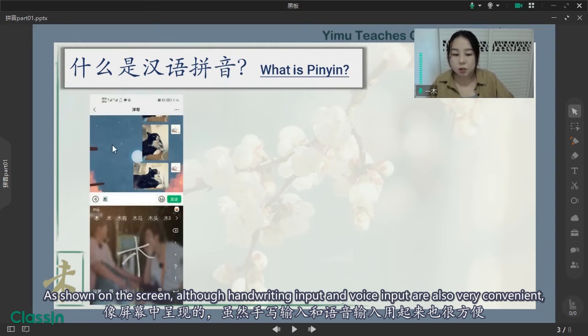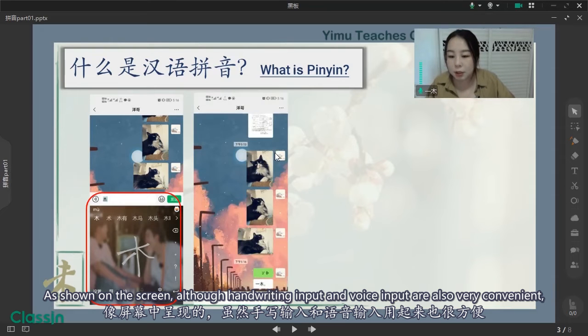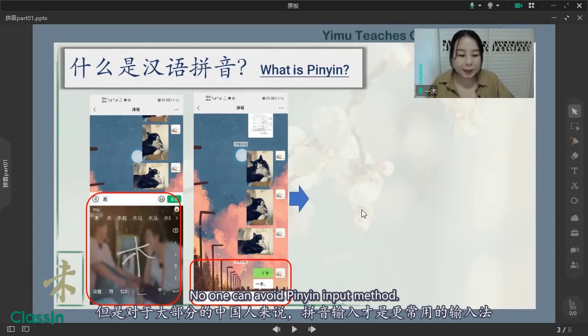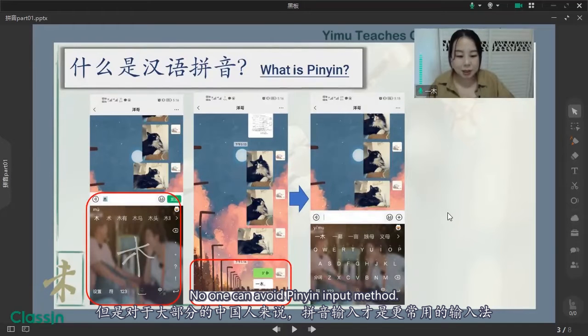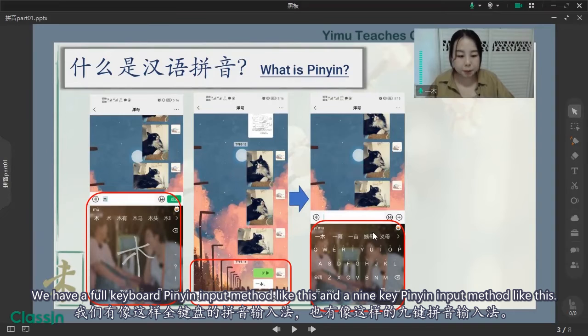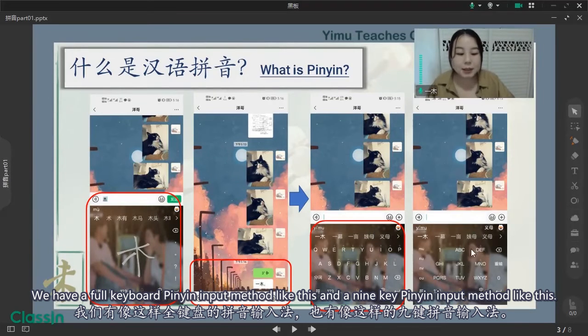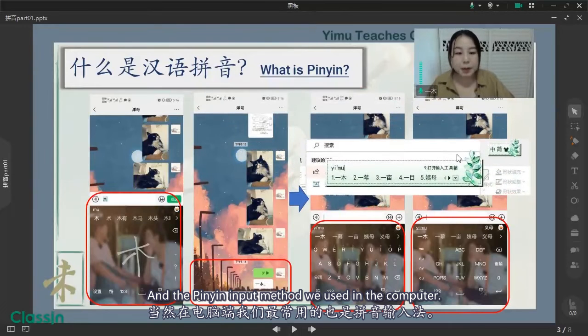As shown on the screen, although handwriting input and voice input are also very convenient, no one can avoid the pinyin input method. We have a full keyboard pinyin input method, like this, and a 9-key pinyin input method like this. And the pinyin input method we use on the computer.